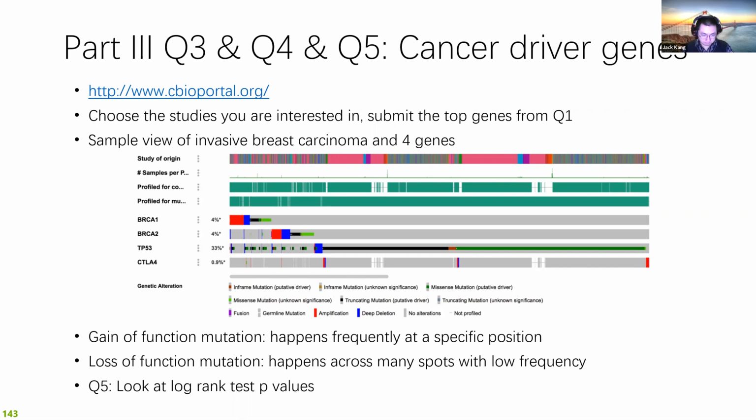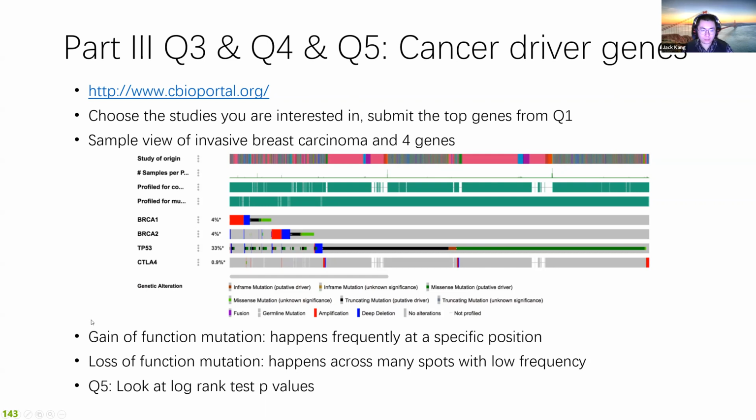In question 4, you will be asked to identify whether a mutation is a gain of function mutation or a loss of function mutation. So you can click into that mutation and see whether it happens frequently at a specific position, or at very low frequency across the gene body.